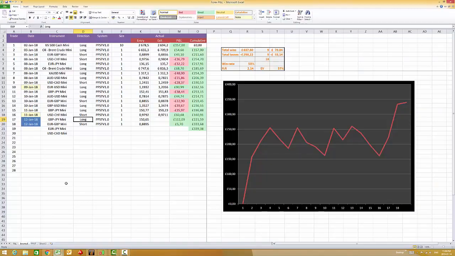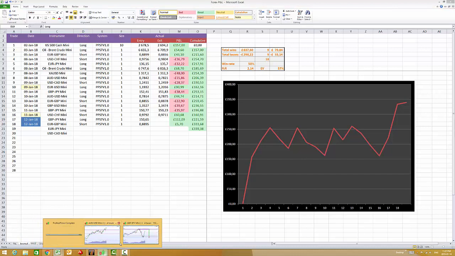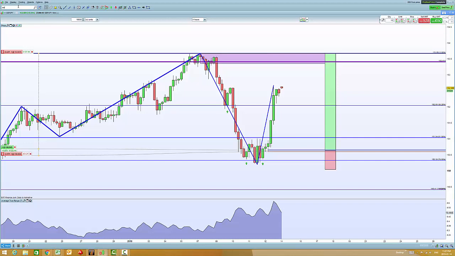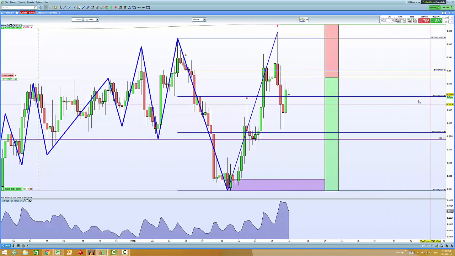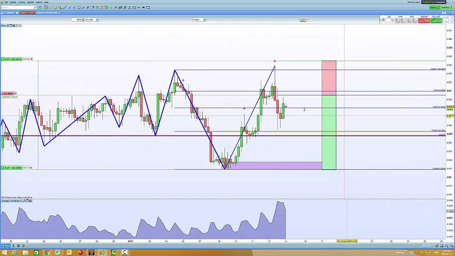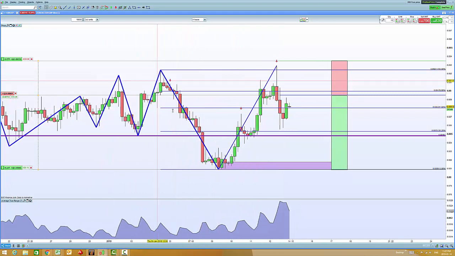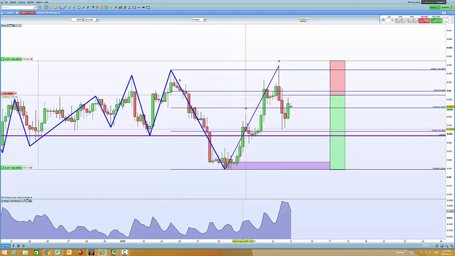The other one we got involved in was the Euro pound short. Let's have a look at that one. See, the Sunday evening markets have just opened over here on the forex side, so you may see some movement as we go along. Yeah, we were looking for that short. Market pushed to the downside over here, retraced.